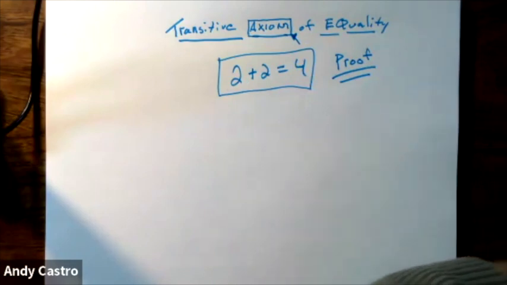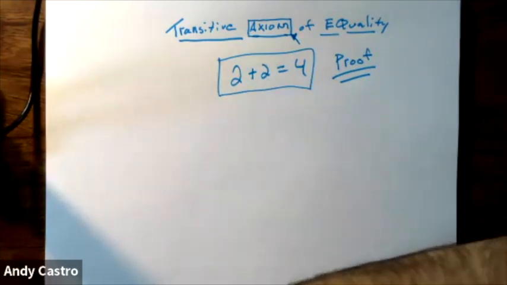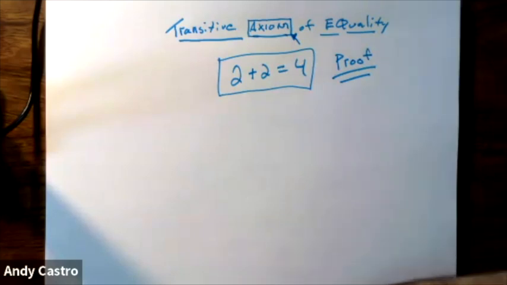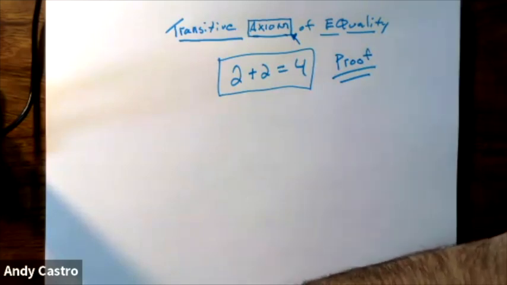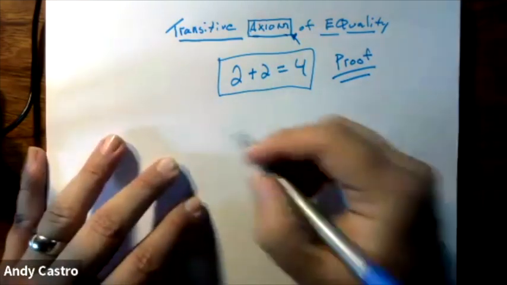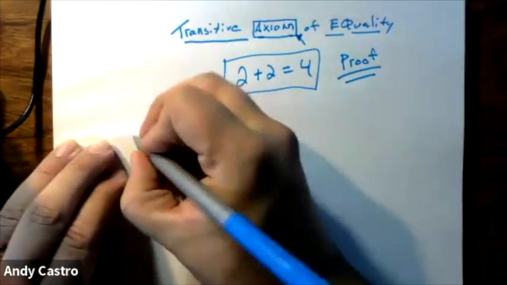Now, what are we going to be assuming about equality? We're going to be assuming that it is in fact transitive. All right. So let me pull up my notes here. Make sure I get the right thing because I lost my place. There we go. I want you to write this out.